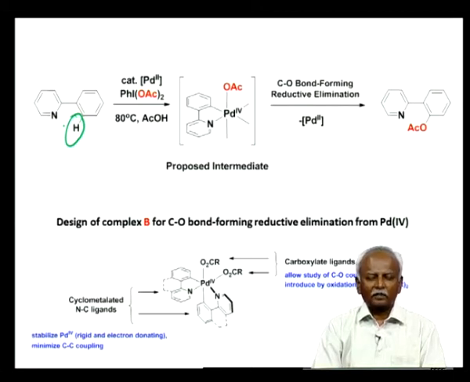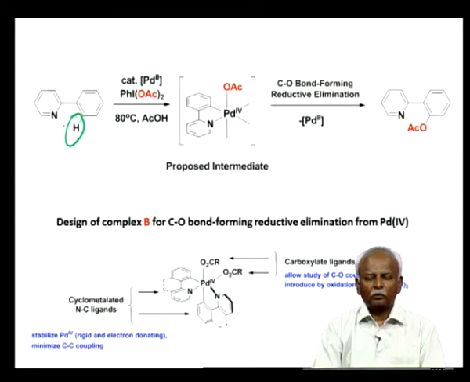And you will notice that from palladium 2, you have changed the oxidation state to palladium 4. So, in this palladium 4 intermediate, which had 2 acetates to start with, you end up with only one acetate, and HOAc has been removed.